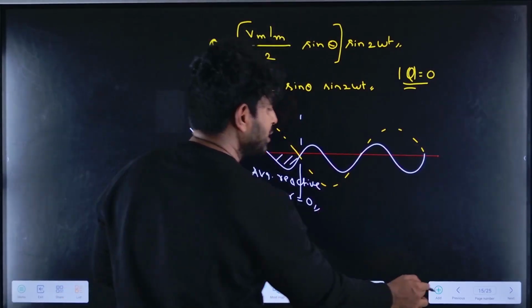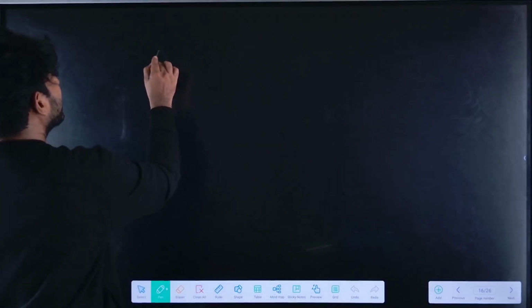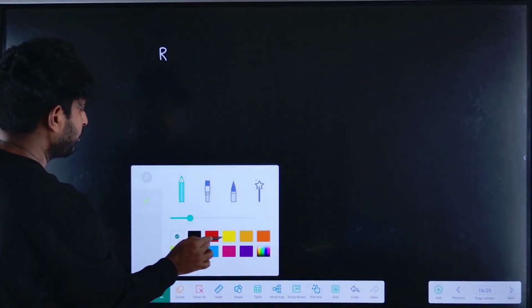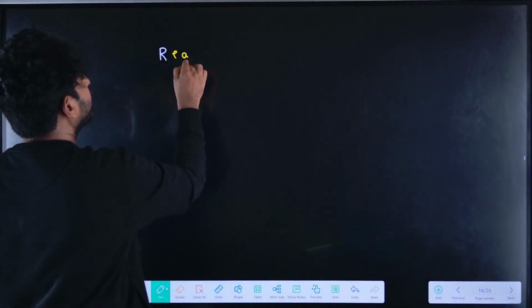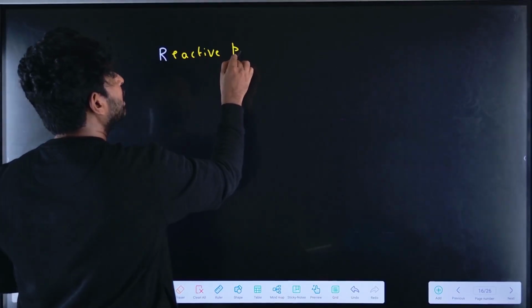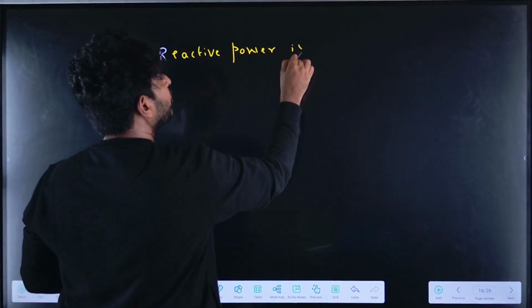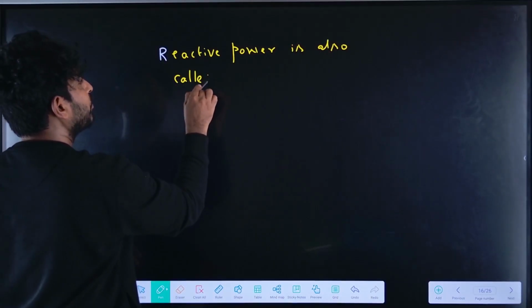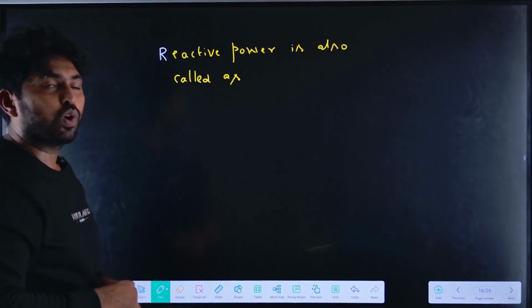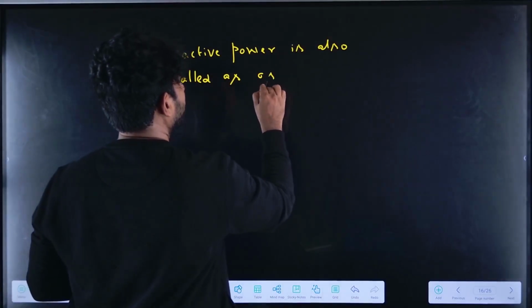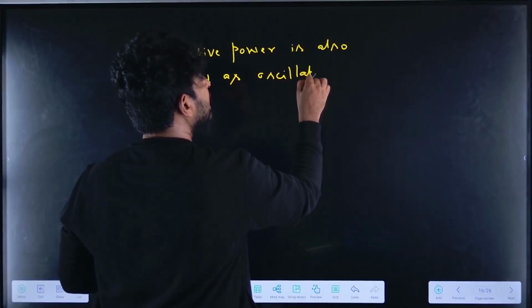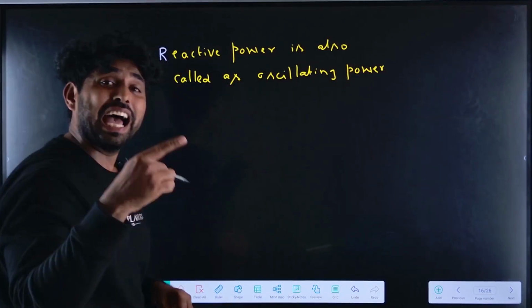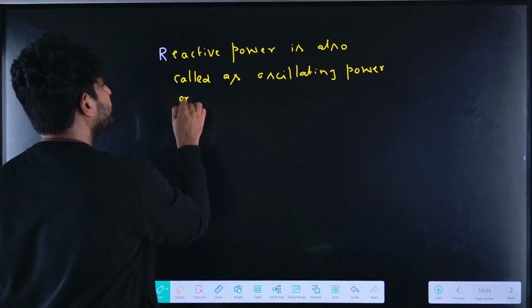Reactive power is also called oscillating power, and it has the average value of 0.